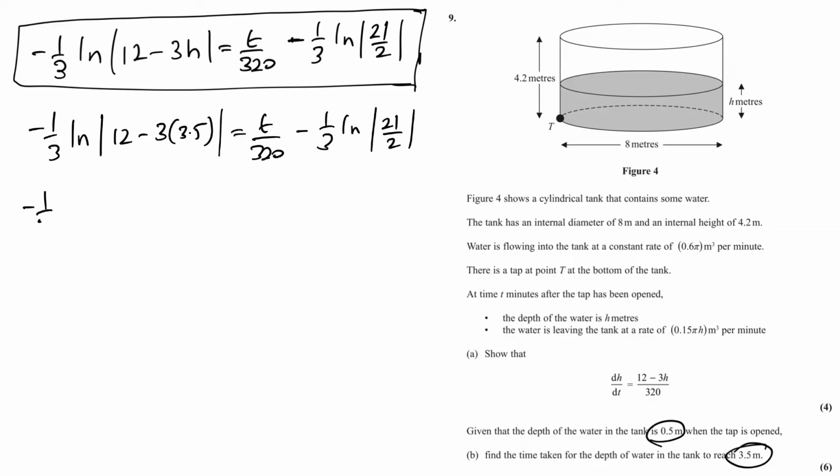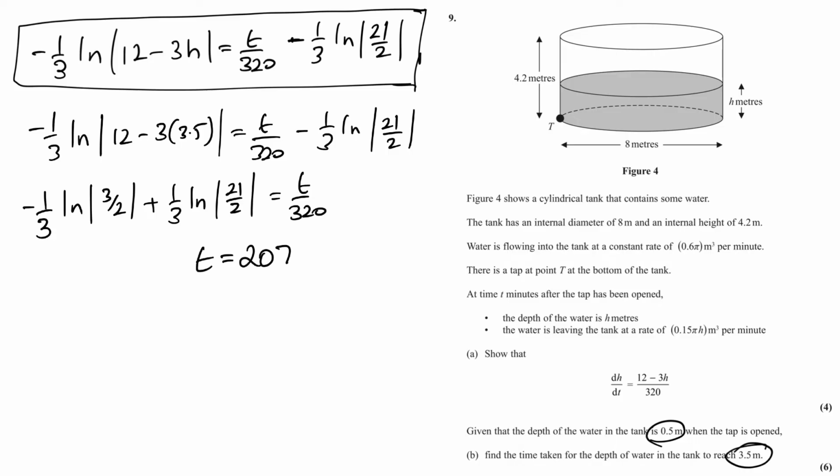So that gives me minus 1/3 ln 3 over 2 plus 1/3 ln 21 over 2 equals t over 320. And rearranging here gives me 207.5637 and so on. It doesn't tell me what to round to, so it should be 3 significant figures. And of course it's minutes, as that is what was in the question.